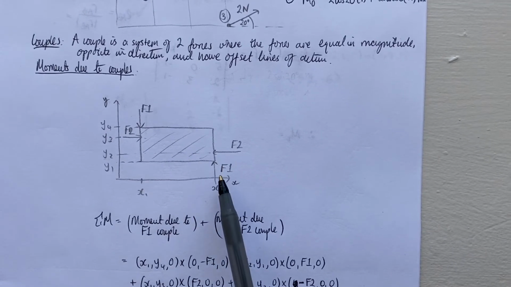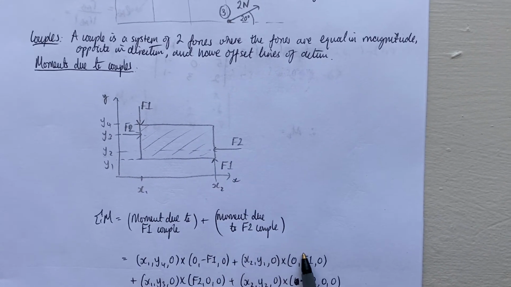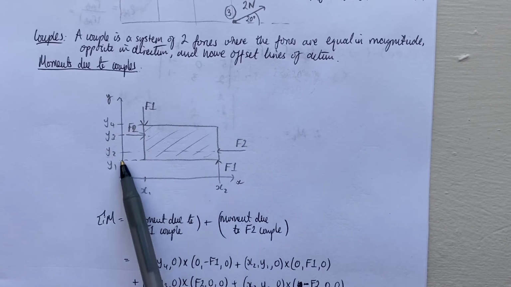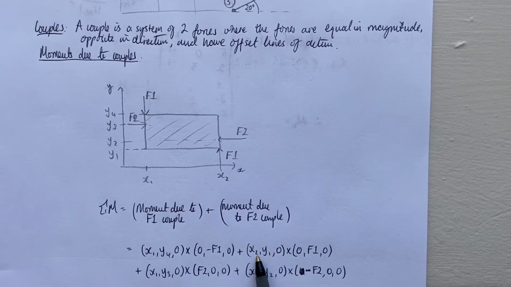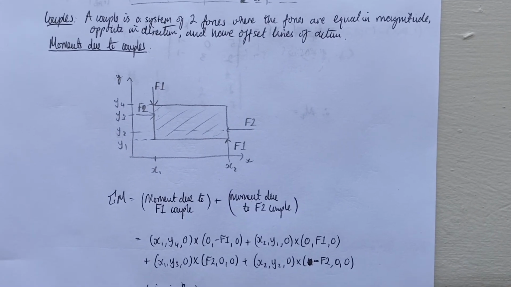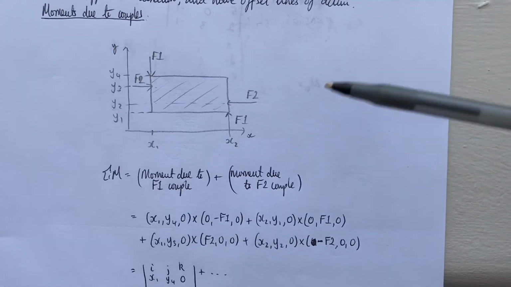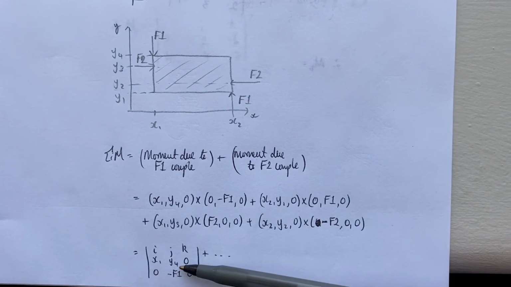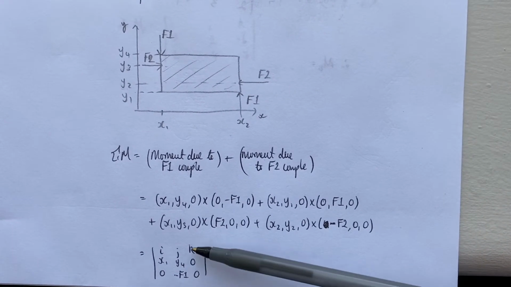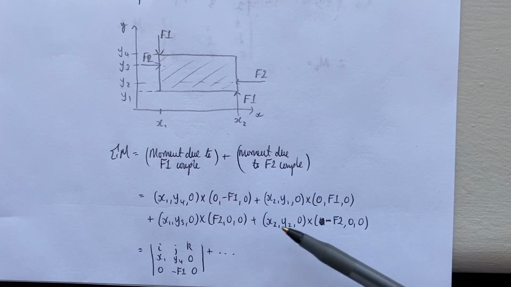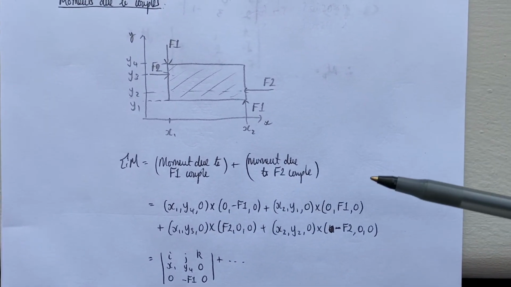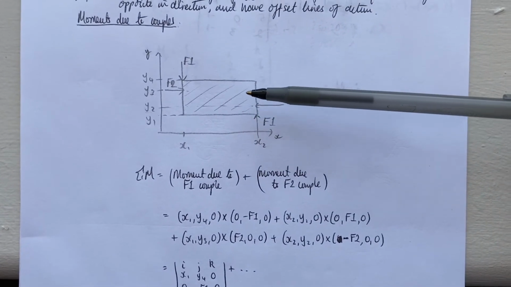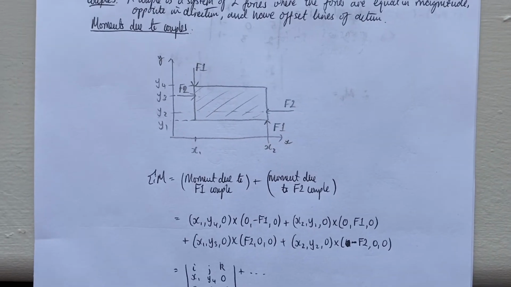The other force vector that gives us the couple is a positive force vector in the y direction acting at the point x2, y1. We do the same thing for the F2 couple. And then to work out the cross products, as we've discussed, we take the determinant of these matrices. So we're going to have 1, 2, 3, 4 cross products to calculate, and then we're going to tidy up the answer to find the total moment exerted on this rectangle due to those couples.